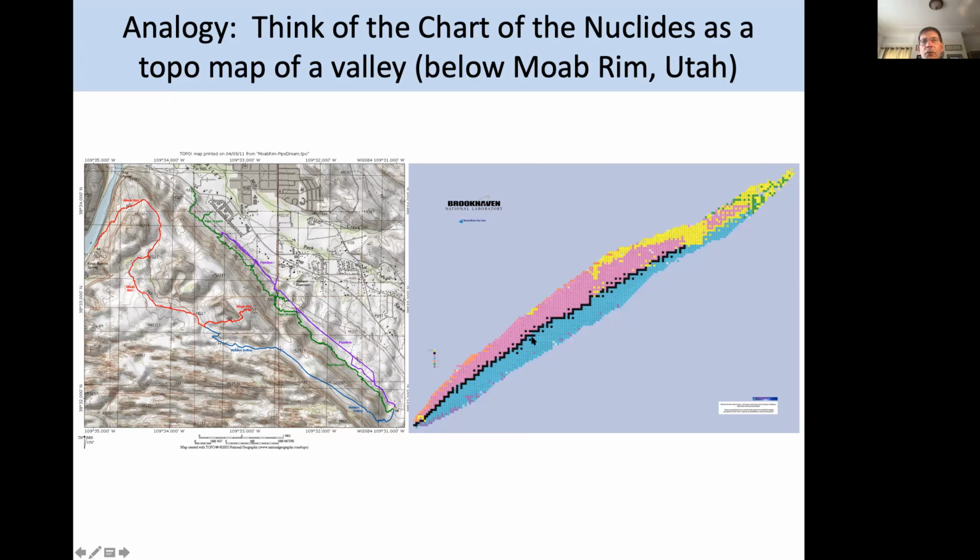And then it tends to sag off here, and that's for the same reason. The nuclei which are most stable are the ones that tend to be a little more neutron rich. In other words, if you have a certain total number of neutrons and protons, you're better off with fewer protons to be more stable.